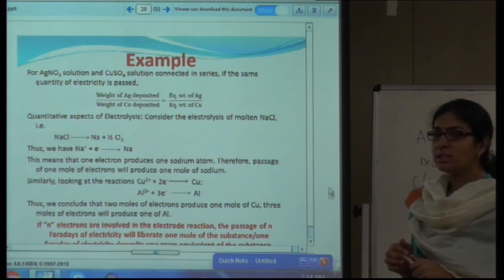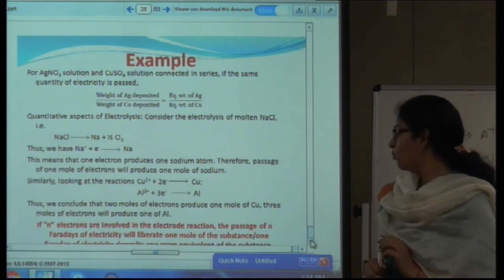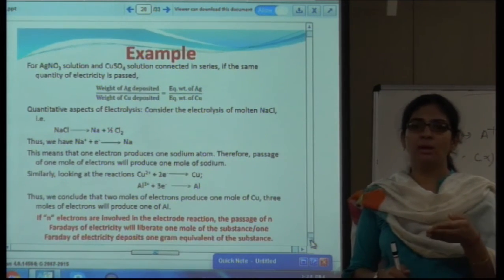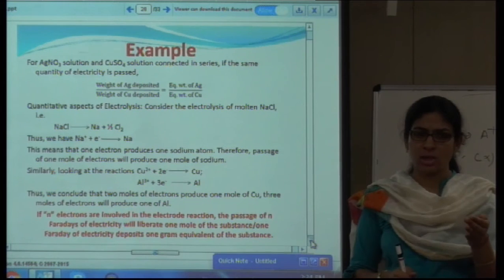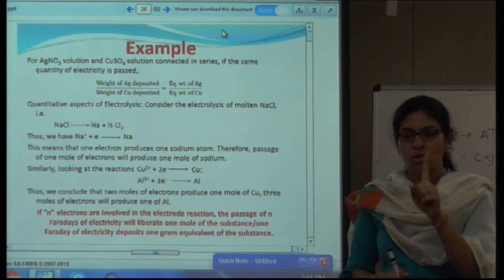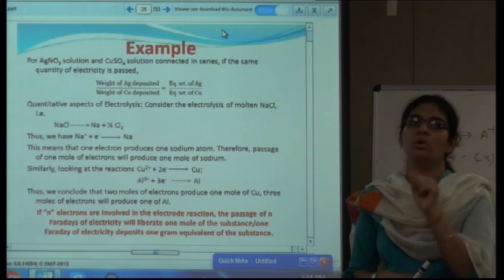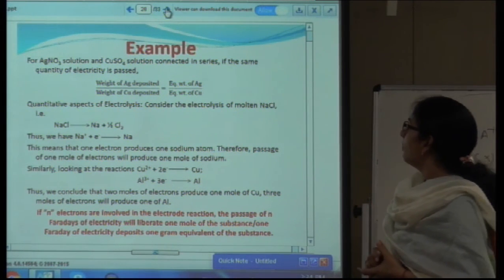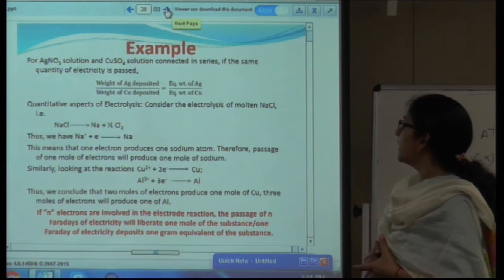So n here is the number of electrons. If n electrons are involved in the reaction, you require n Faradays of electricity in order to deposit 1 mole of that substance, correct? So we have an example here. Next please.